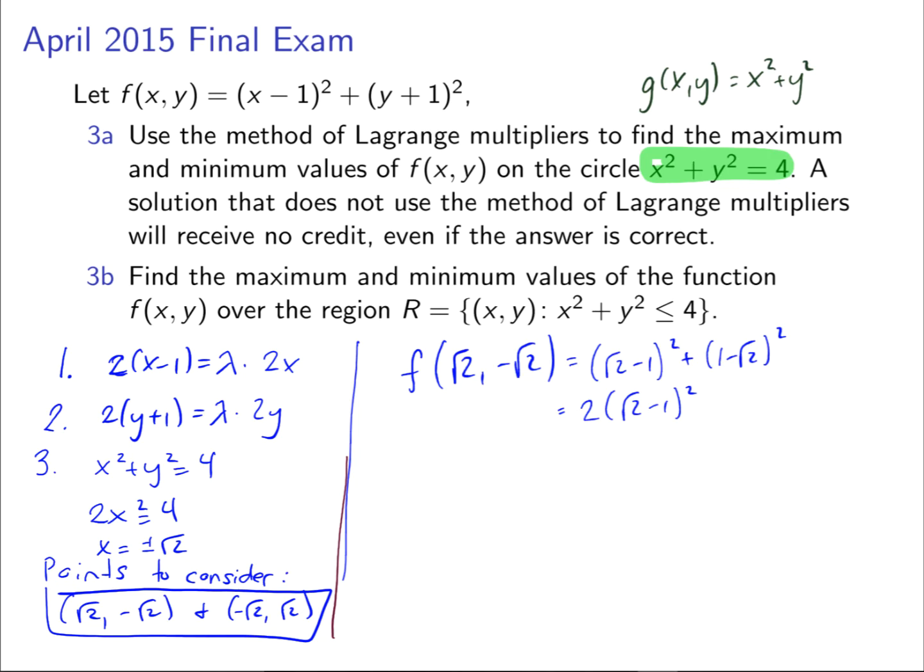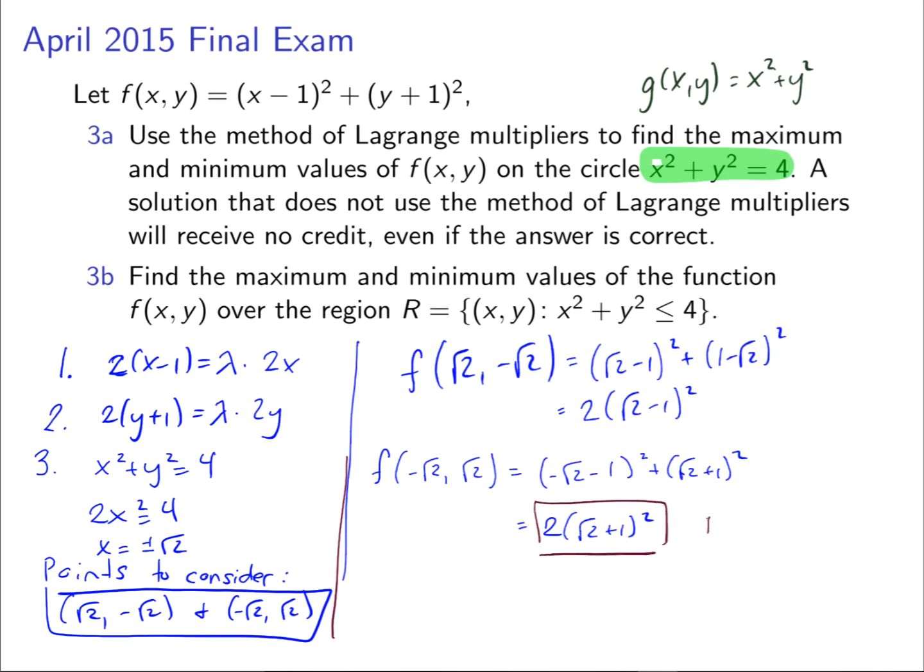After I square them, they're the same. Now it's easy to see that root 2 plus 1 is bigger than root 2 minus 1. So this number is the maximum of my function over its constraint. This number is the minimum.